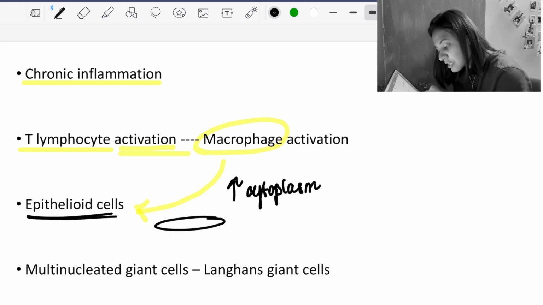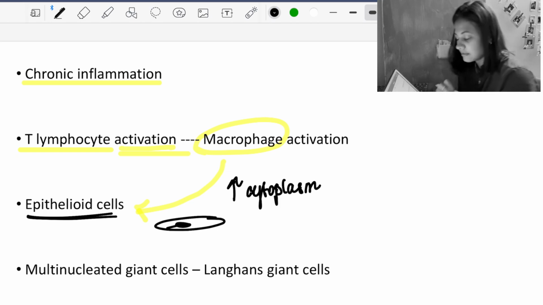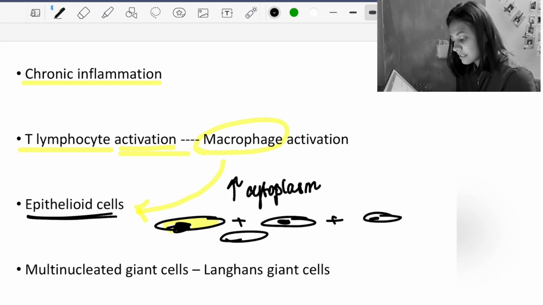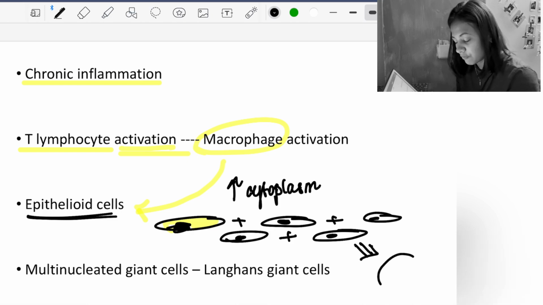They look slipper shaped, with a nucleus and abundant cytoplasm. When multiple epithelioid cells fuse with each other, we get a giant cell, which is again seen in a granuloma.